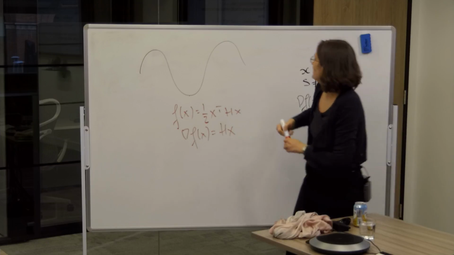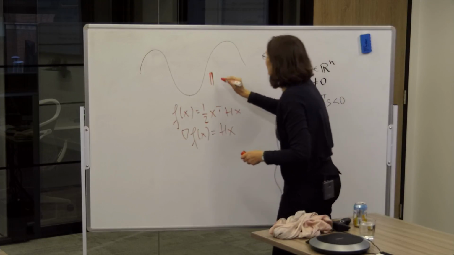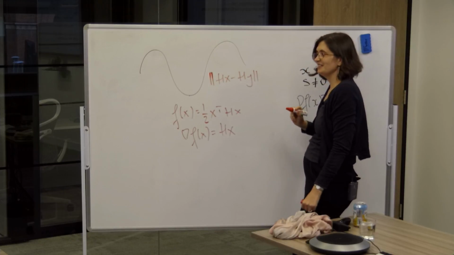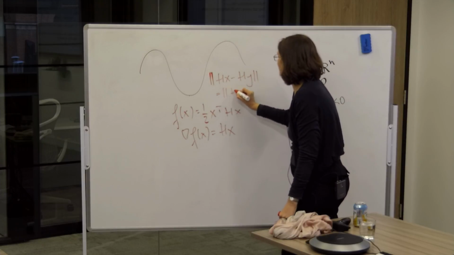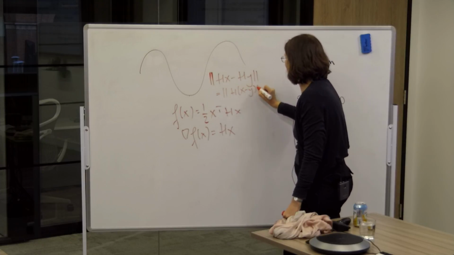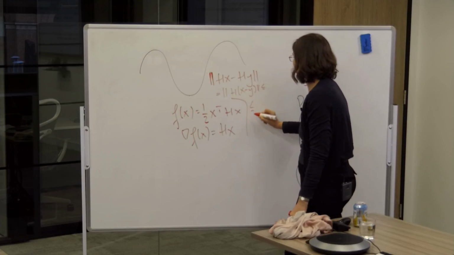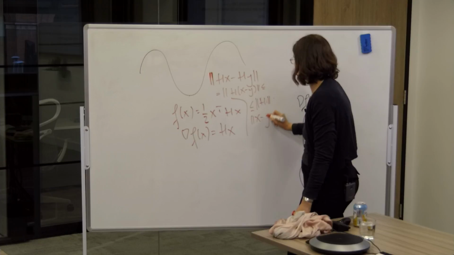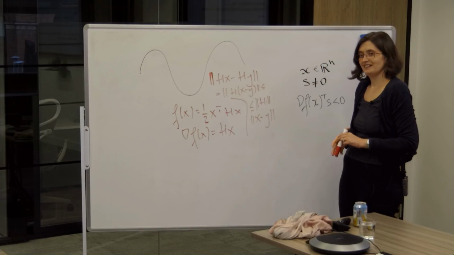So, okay, let's write. If I write that Lipschitz property, what do I have? Hx minus Hy, right? So this is the same as H times x minus y. H is a matrix, right? So this is less than norm of H times norm of x minus y, right? So this is true.